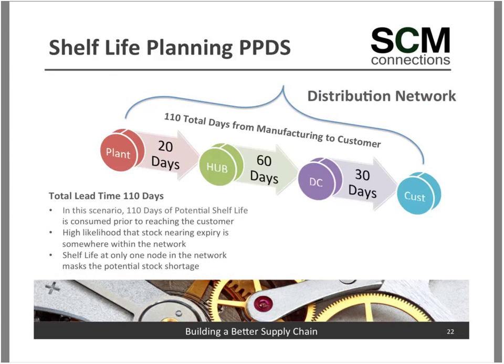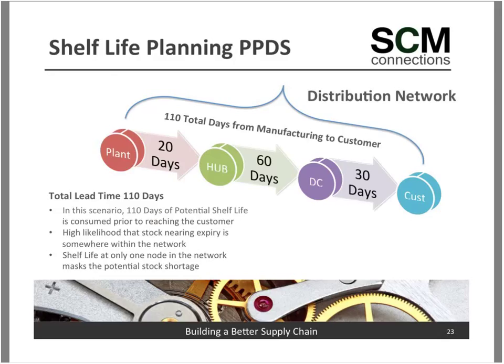Okay, so if you look at the problem statement, total lead time, which is fairly typical if you're manufacturing something in the US and it's going to Europe or Asia or Africa, the distribution time can be very long. So take the example: from the plant to a hub, distribution hub is 20 days.